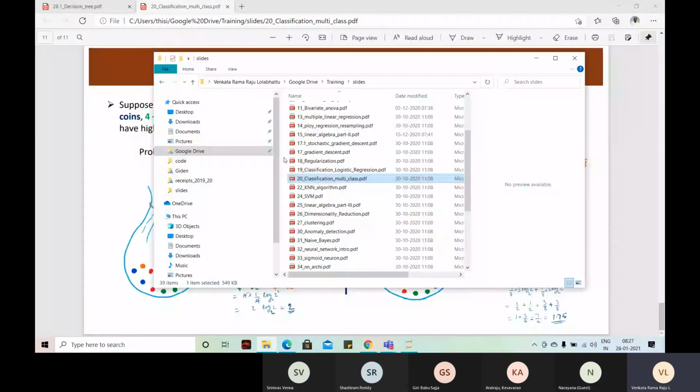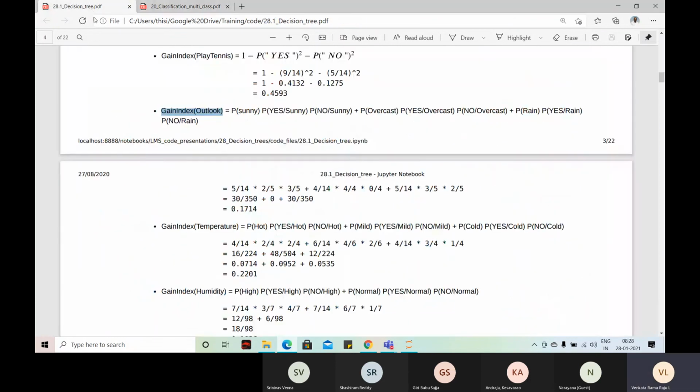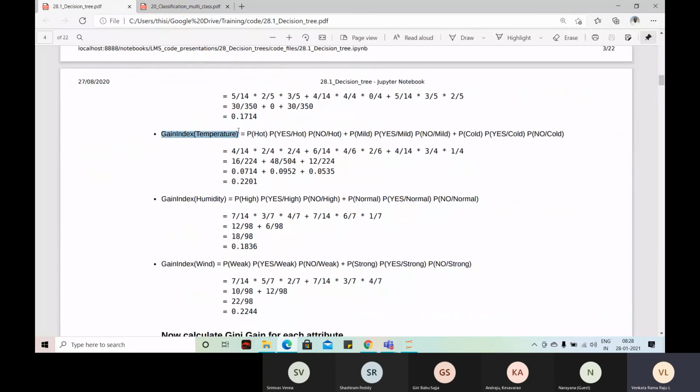So that's the key. These are all interrelated. One concept comes in, it will be used in many other places. So we are calculating this column's impurity, which is 0.1714. This column's impurity, again probability of hot.